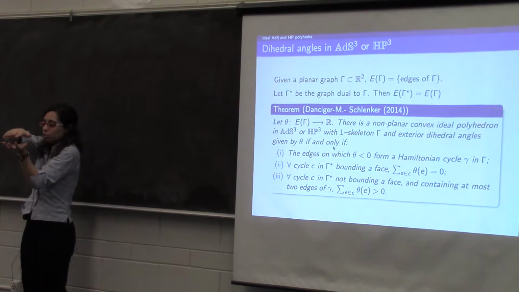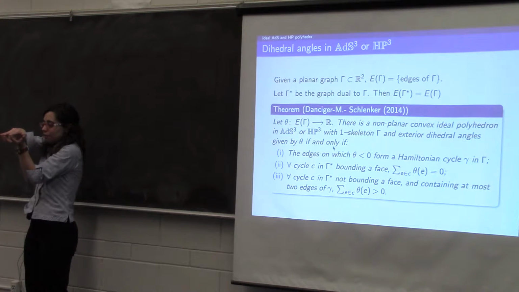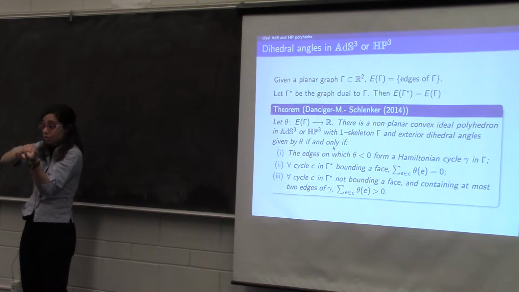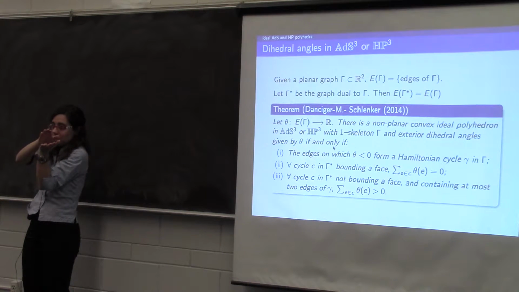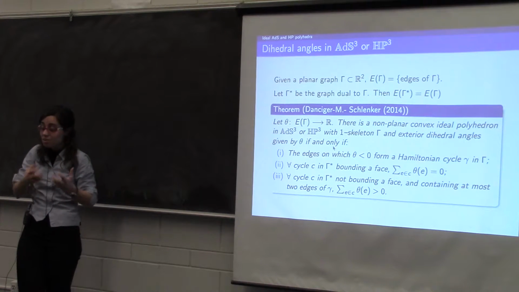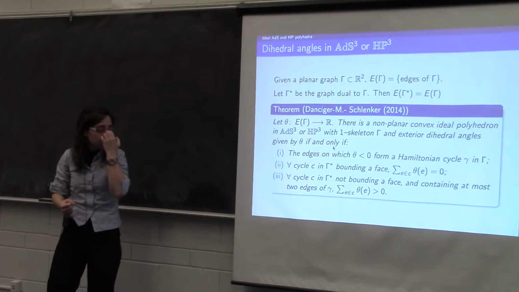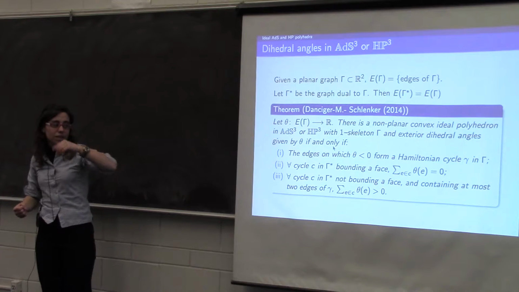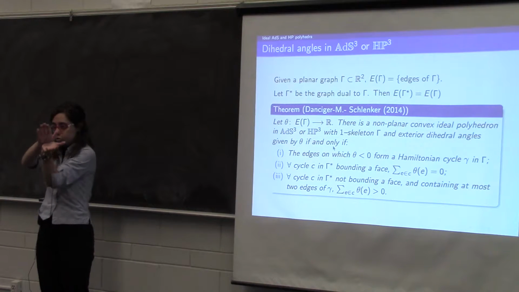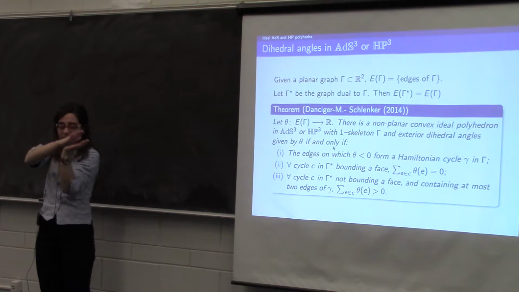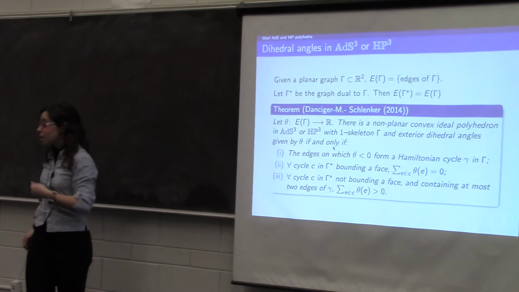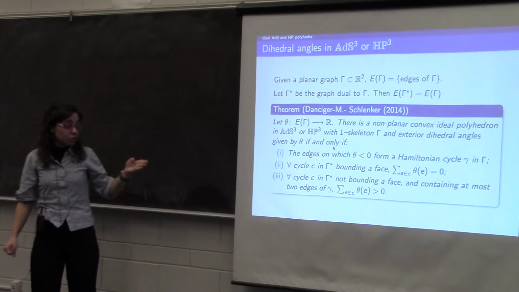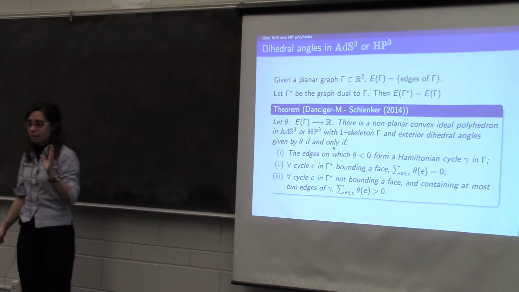So what you obtain is two polygons glued along a Hamiltonian cycle. That's the convexity property, and that's what gives you this Hamiltonian cycle. Here I'm stating that the edges with negative angles form a Hamiltonian cycle in your graph. And then the second condition is exactly the same as the one before.